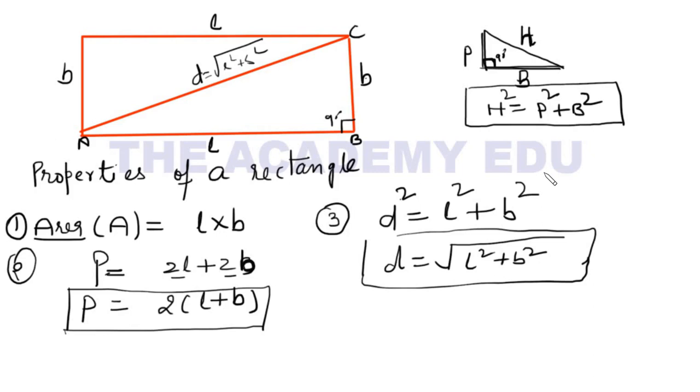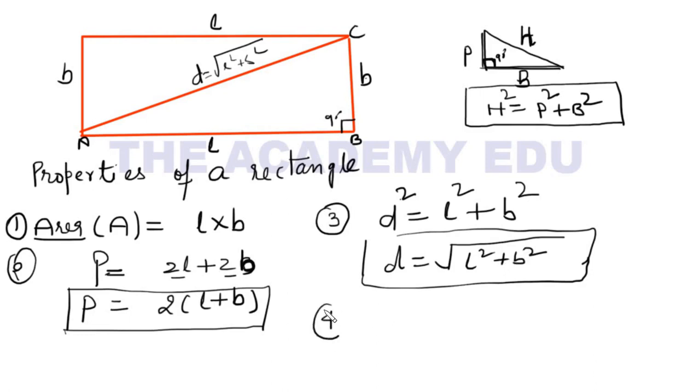You don't need to memorize formulas, because most of the time your school teacher will tell you, when you are reading mensuration and geometry, to go and memorize the list of formulas. Mathematics is not about memorizing things. So what I told you: area is length into breadth, perimeter is 2 times L plus B, diagonal is under root length square plus breadth square.